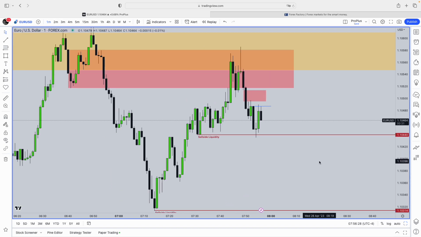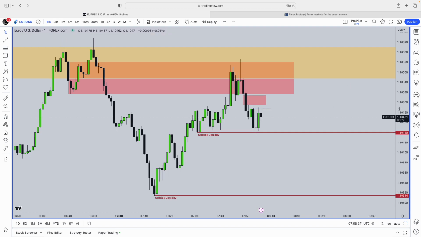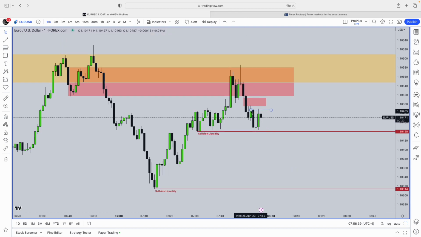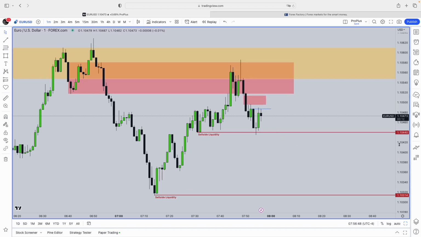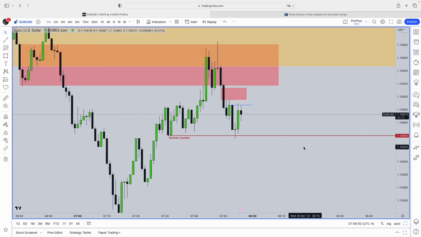Let's see if it fulfills. What ICT says is the defense barriers are 3 PD arrays, and if it goes above that, then it's going to reverse. So 1 PD array is order block, 2 that fair value gap, and 3 that fair value gap. So yeah, if it goes through them, then potentially you should come out of the trade already. But if it does go to here, you should already be stopped out if you wanted to move your stops to break even already.